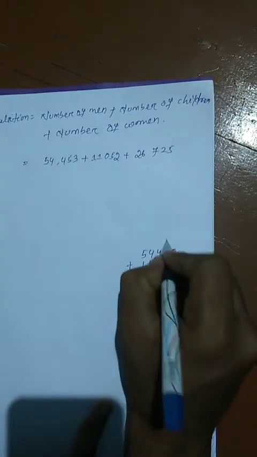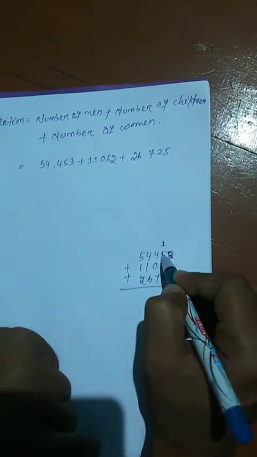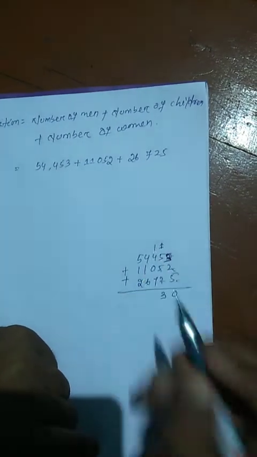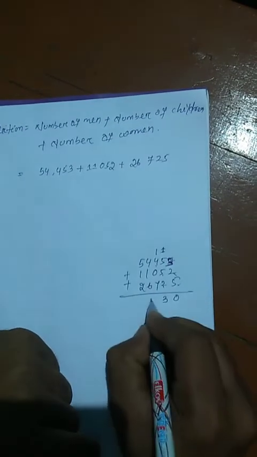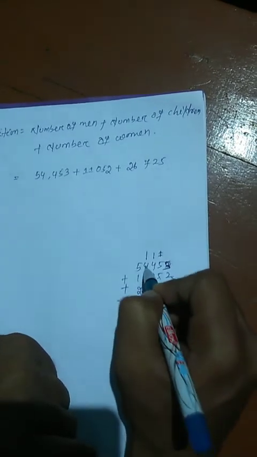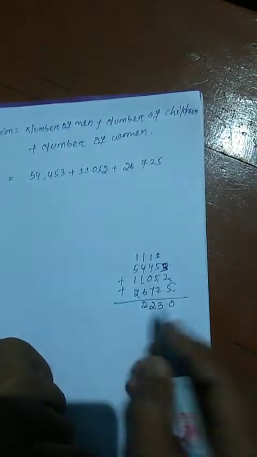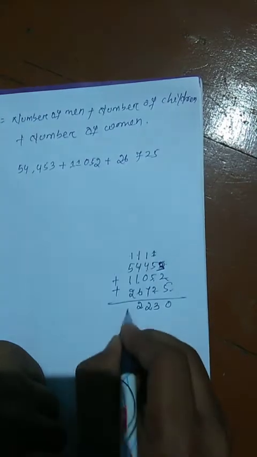So 0, then 1 will go to this place. 2 plus 5, 7, 7 plus 5, 12, 12 plus 1, 13, 3, then 1 remaining. 7 plus 4, 11, 11 plus 1, 12, 2, 1 remaining. 6 plus 1, 7, 7 plus 4, 11, plus 1, 12, 2, again 1. 2 plus 1, 3, 3 plus 5, 8, 8 plus 1, 9.